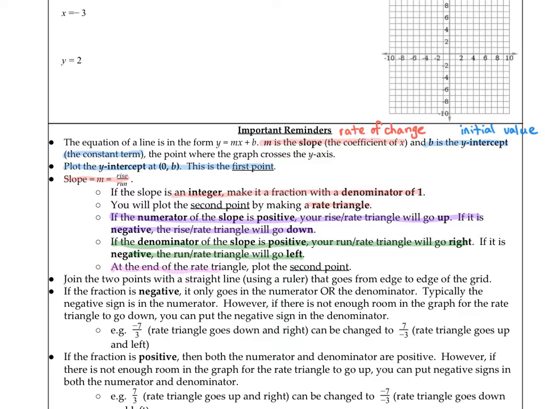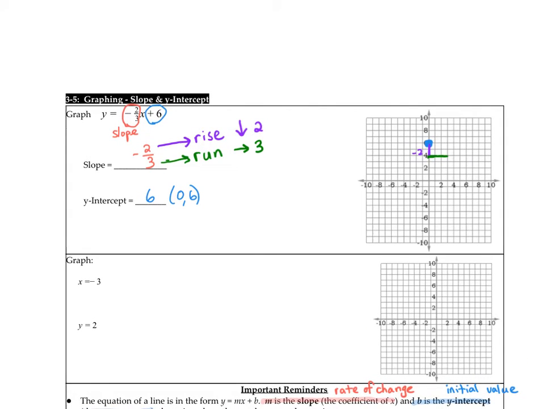So at the end of the right triangle, you are now going to plot the second point. So that means your second point is right there, and you're going to join those 2 points together to make the line.